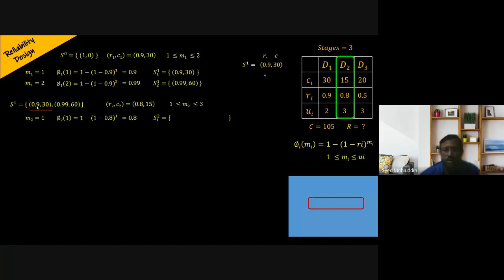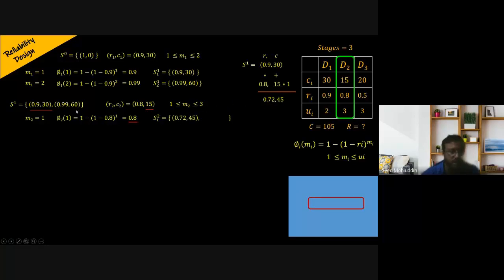The reliability is multiplied by 0.8 and we get 0.72 as the result, and 15 is the cost, using only one device, so 15 multiplied by 1. That is added to 30, which gives us the first element of S21.